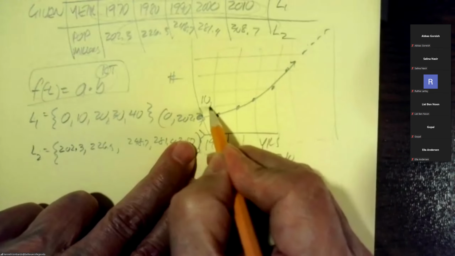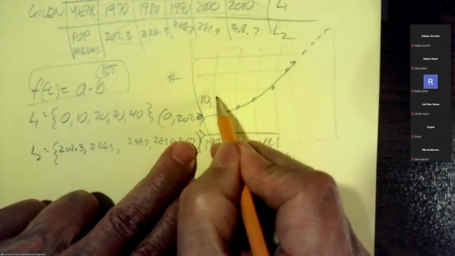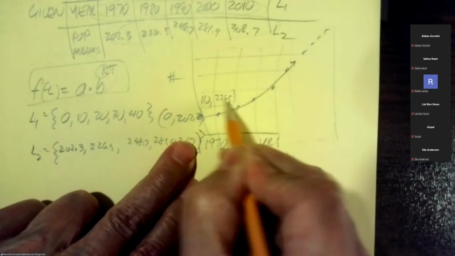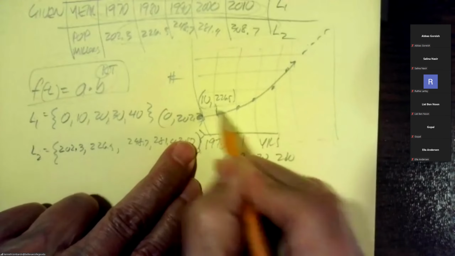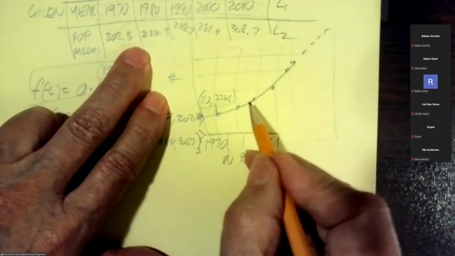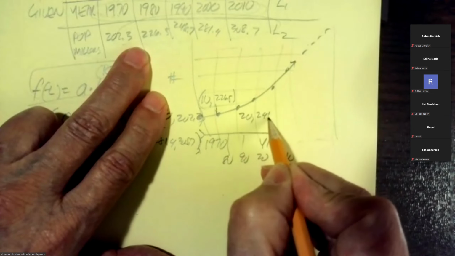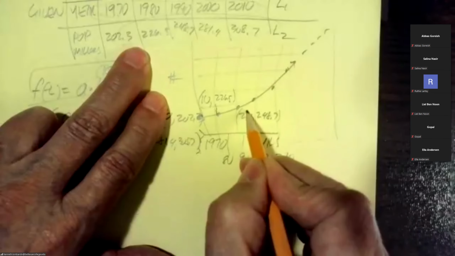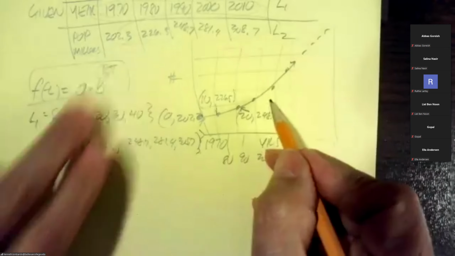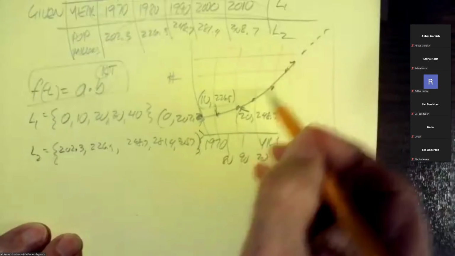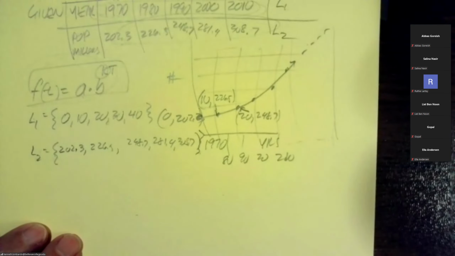And 10 and 226.5, that represents this point. And 20 and 248.7, that represents this point, and so forth. And I plot these points, and I say, well, you know what? That's not a straight line.